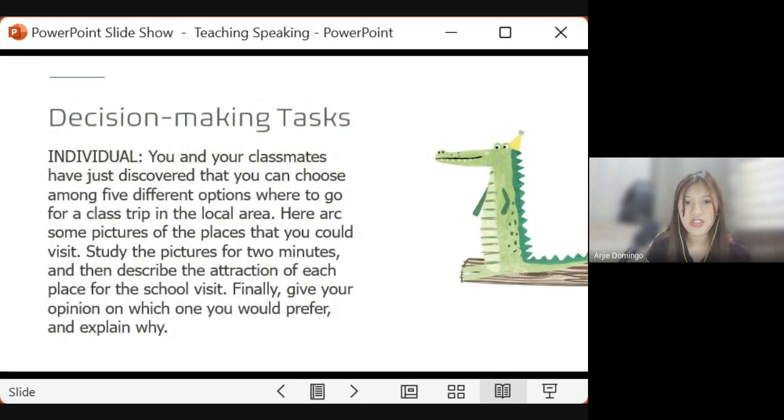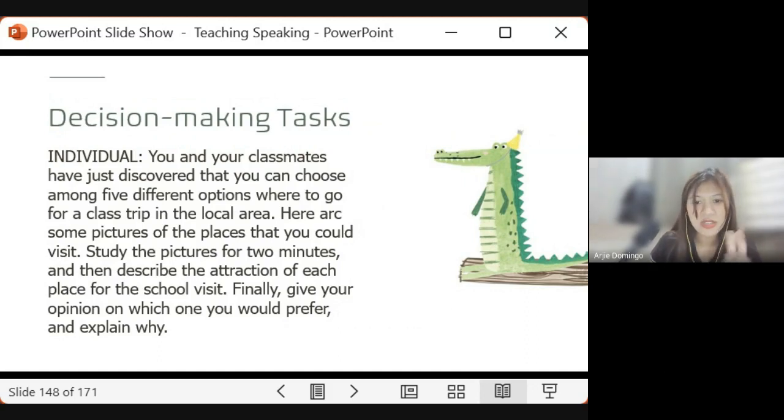So we have here certain examples as an individual decision making task. Example, you and your classmates have just discovered that you can choose among 5 different options where to go for a class trip in the local area. Here are some pictures of places that you could visit.